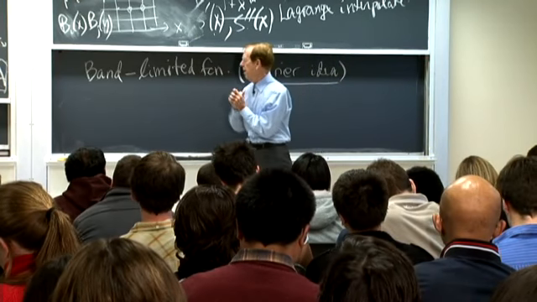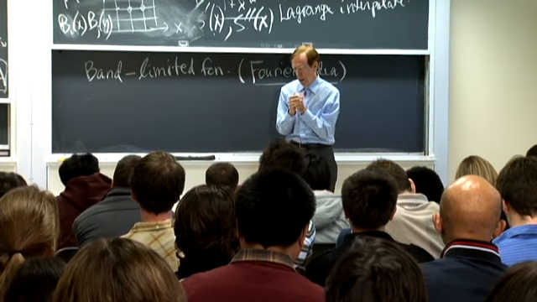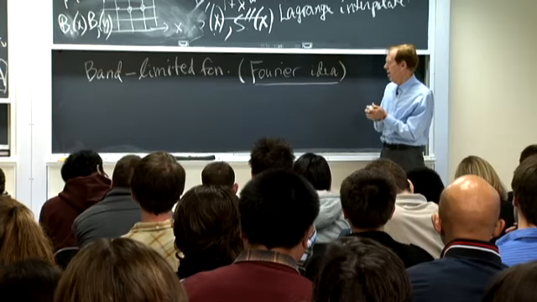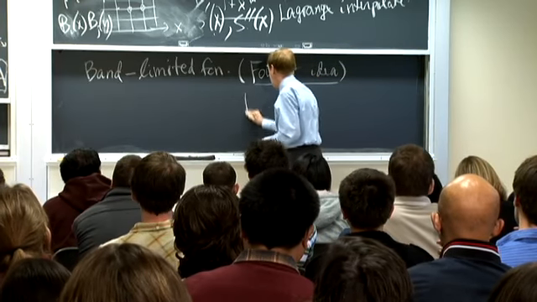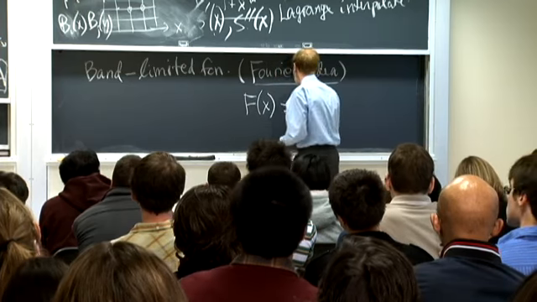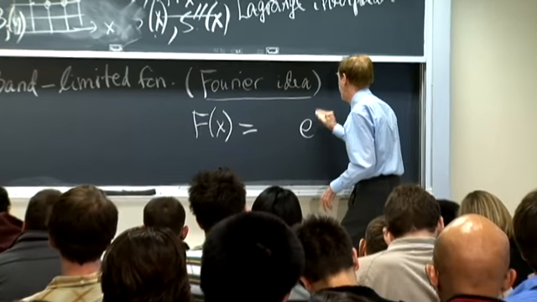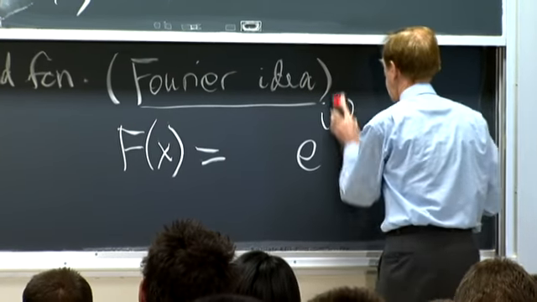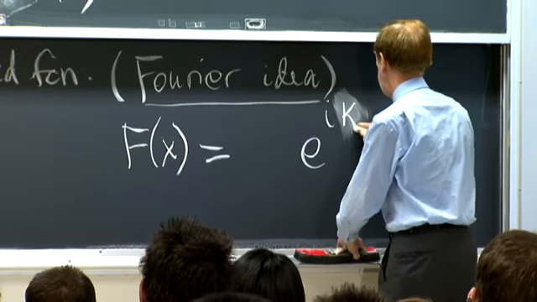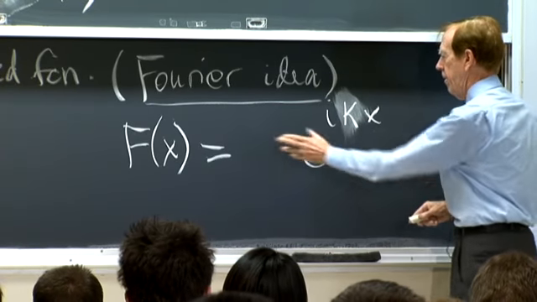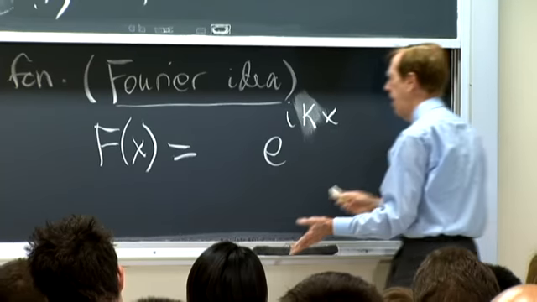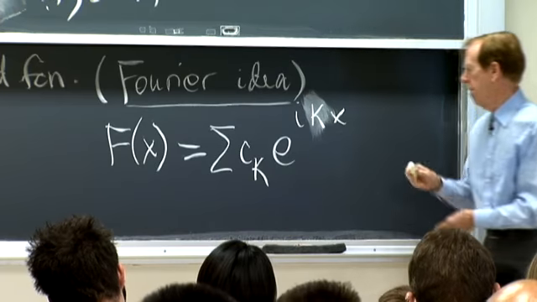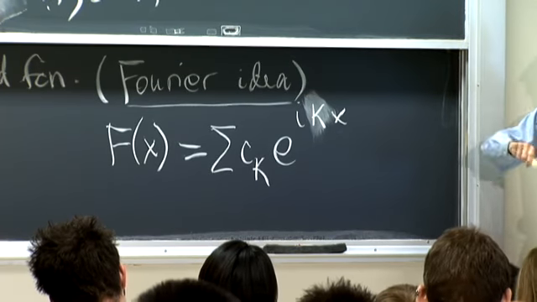What is a band-limited function? It's Fourier. You know the Fourier idea is to take f of x and write it as some combination of pure frequencies, e to the i kx. I take the function f of x and think of it as a combination of pure exponentials, pure frequencies.